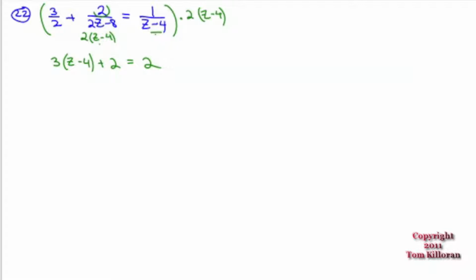A nice simple linear equation. Distribute the 3, so you get 3z minus 12 plus 2 equals 2.